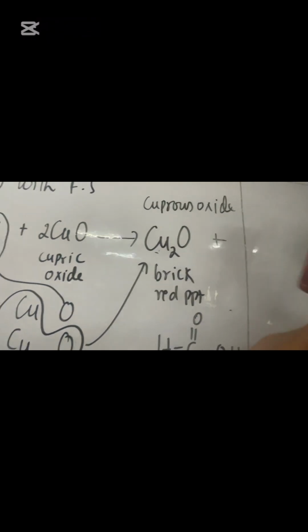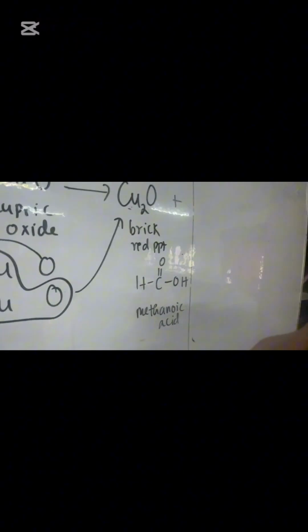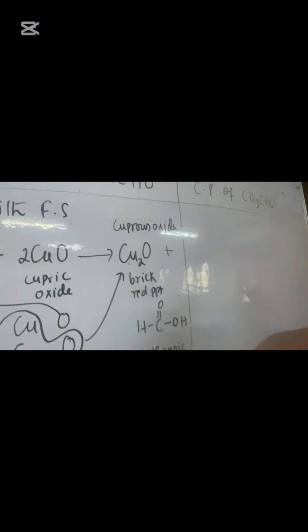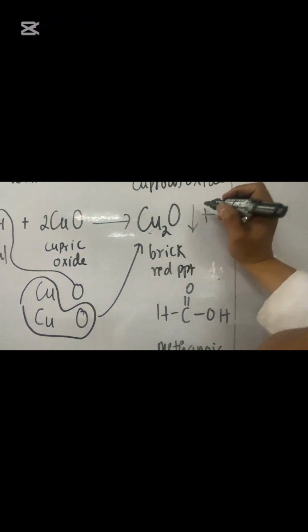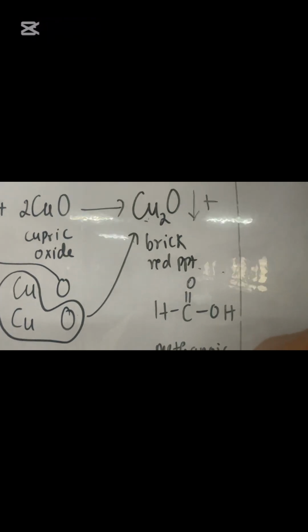This brick red precipitate is formed by the cuprous oxide, and there should be an arrow downward to indicate the precipitate is formed.